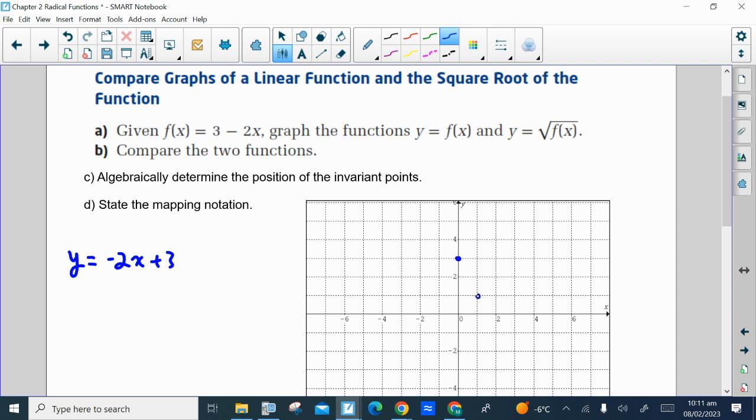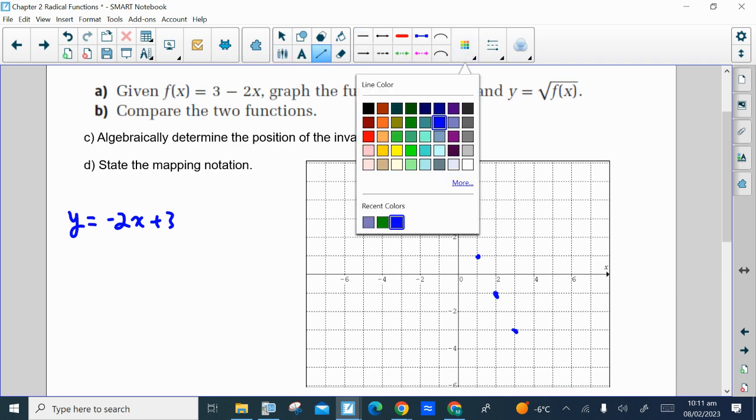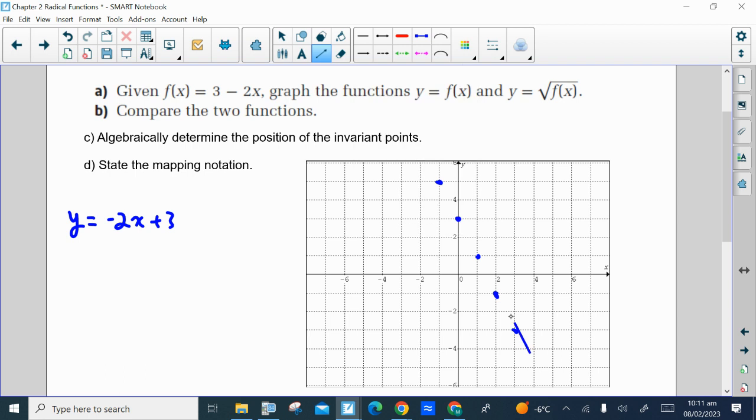So you rise negative 2 and run 1. We could also rise positive 2 and run negative 1. That would work as well. But this is the graph of that linear function, negative 2x plus 3.